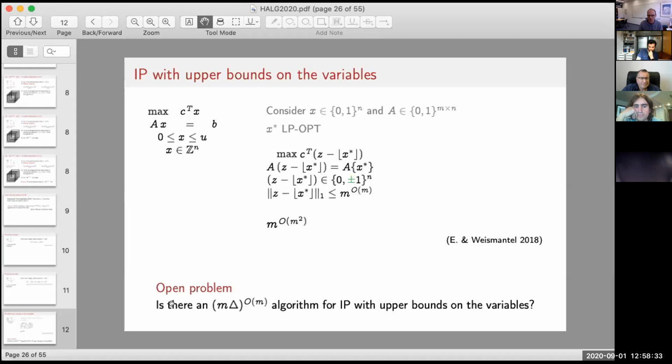Or in other words, more generally, if we bound the components of A by delta, is there an M times delta to the O of M algorithm for integer programming with upper bounds on the variables? So this is a very tantalizing open problem. Yeah, I would love to see progress on this.